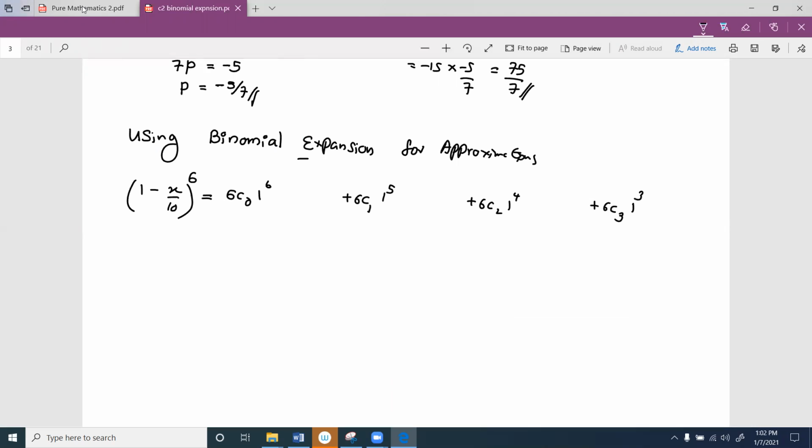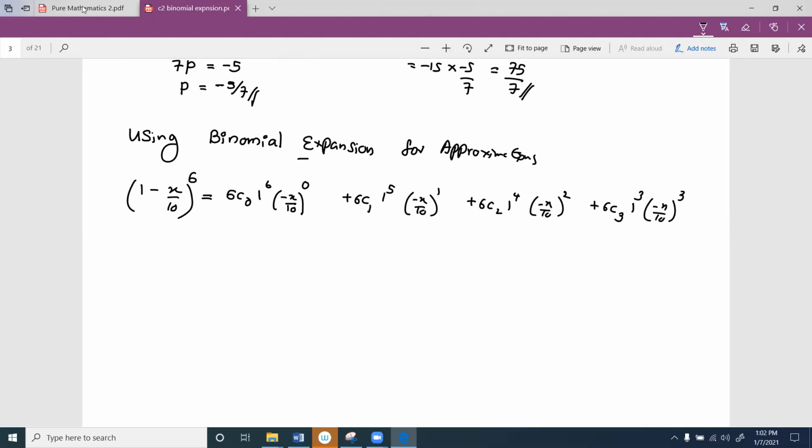Then when you write it, don't forget about the negative sign. Always write with the sign: x to the power 0, 1, 2, 3.